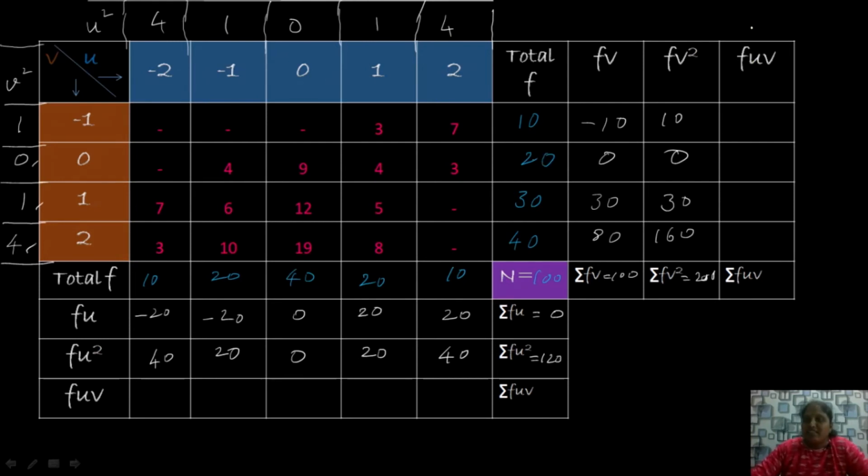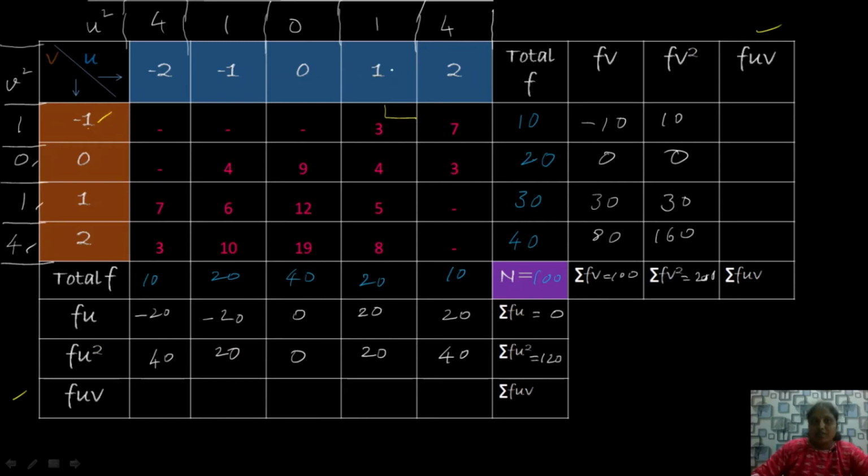Now we calculate the value of FUV. For that, first we have to calculate these values for individual cells alone, and we have to calculate its row total and column total. Now let me start with the first row. We have to write down that value in the upper right corner of the cell like this. So this is the frequency F, multiplied with the corresponding V value minus 1, U value plus 1.